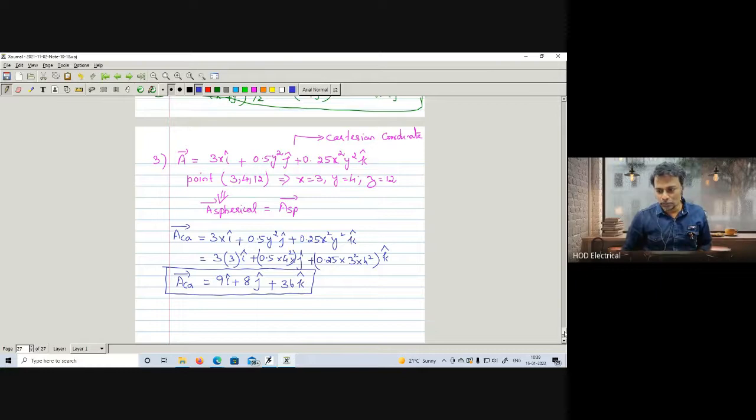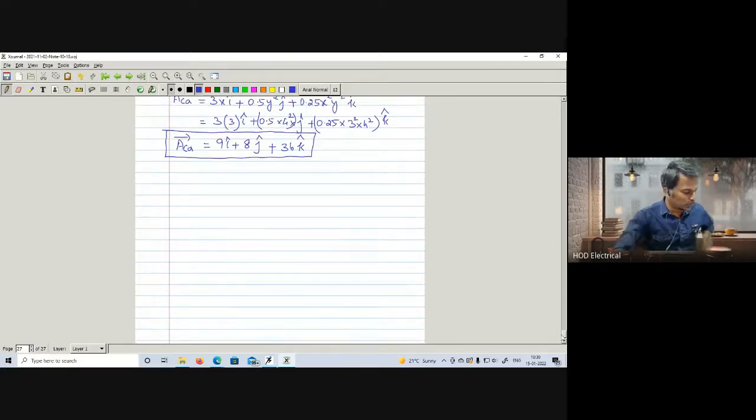So let me go with the matrix of spherical coordinate conversion. We are going to find out A spherical, which means A r into u r gap plus A theta into u theta gap plus A phi into u phi gap.